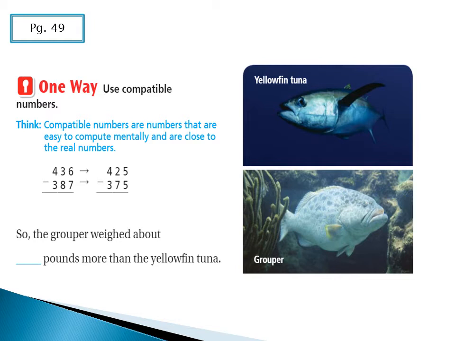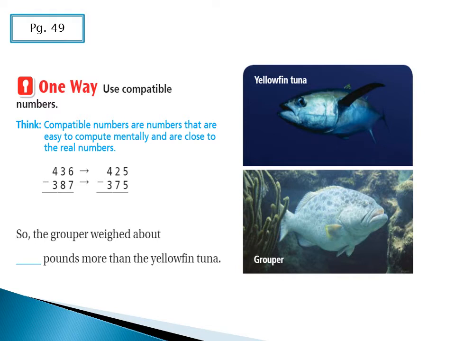As I told you before, some compatible numbers end with 5. 425 minus 375. Here I have a question for you. How is this method the same as estimating a sum, and how is it different?